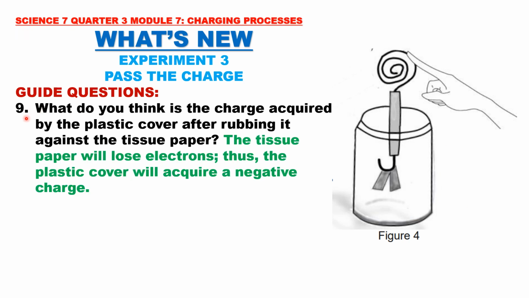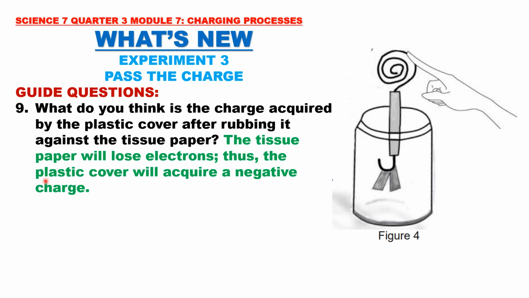So for number 9, what do you think is the charge acquired by the plastic cover after rubbing it against the tissue paper? So the tissue paper will lose electrons. Thus, the plastic cover will acquire a negative charge. So dito sa number 9, nung nirub natin yung tissue paper sa plastic cover, yung electrons ng tissue natin ay nalipat sa ating plastic cover.